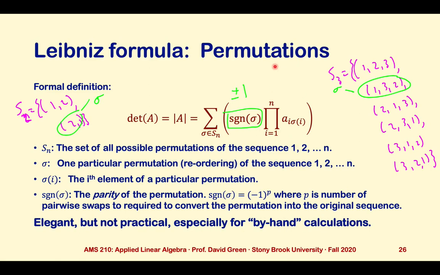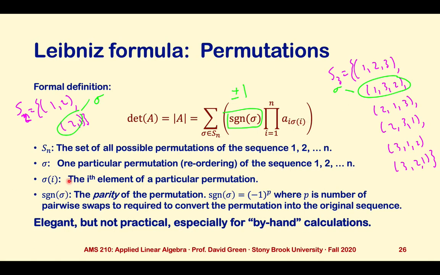We then have a product over as many entries as there are numbers in this sequence. 2 for the 2-dimensional case, 3 for the 3x3 case, and so on. And the product is of the entries of A, where the first index is 1, 2, 3, and the second index is determined by the particular ordering that we've chosen.